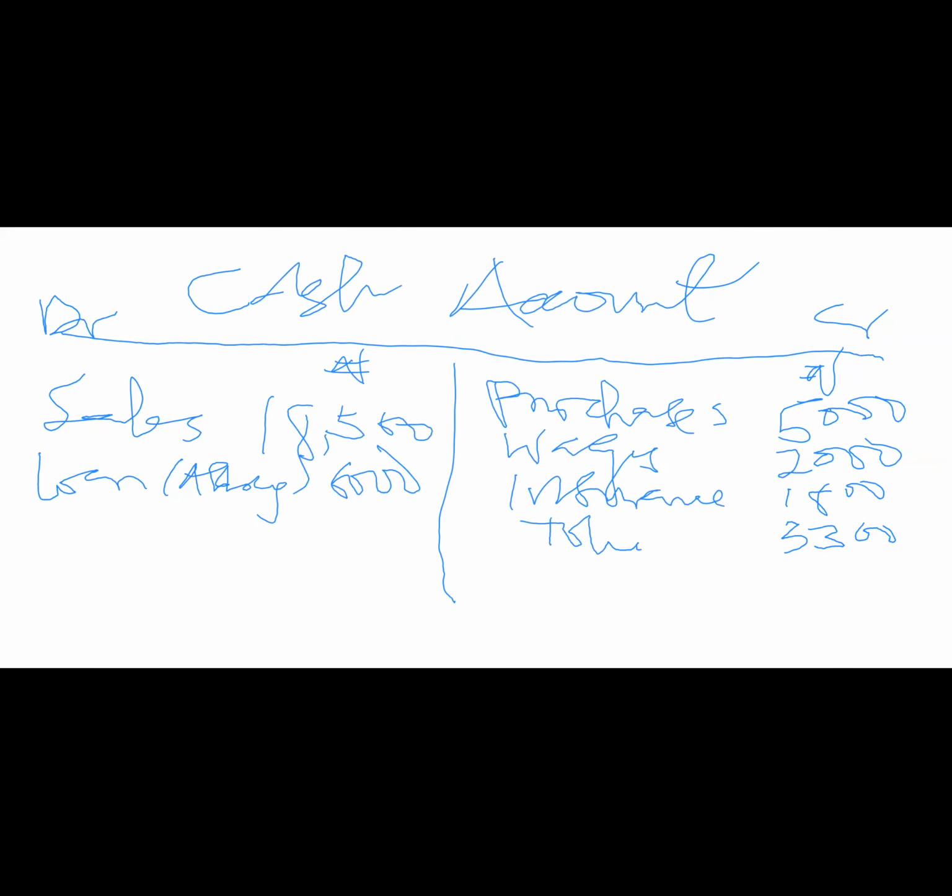So are you adding it already? Okay. 24,500 for the debit side. So 24,500. What about the credit side?